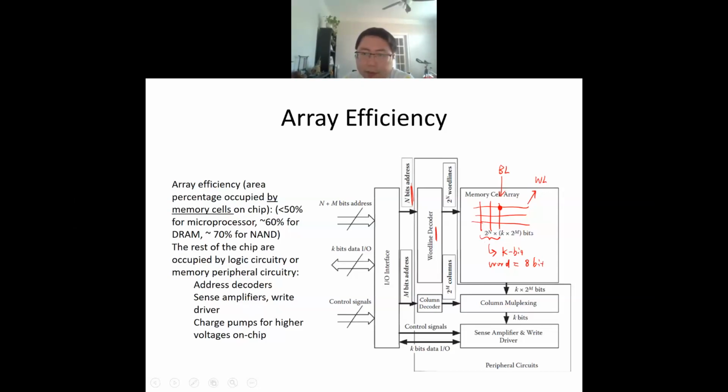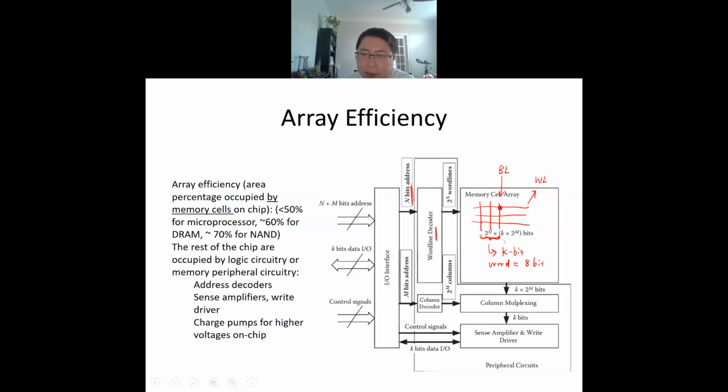So then what is the total capacity of this memory cell array? That depends on the column address and the row address. On the row side, you have 2 to the power n. On the column side, you will have 2 to the power m groups of columns. And one group of columns will give you k bits, because every time you read out k bits, those adjacent 8 bits will be read out together.